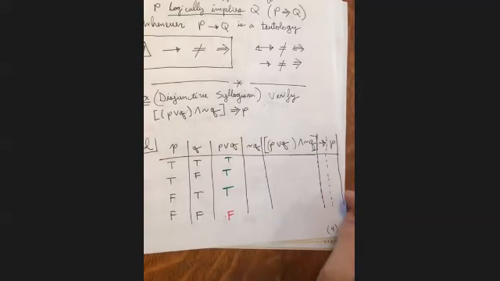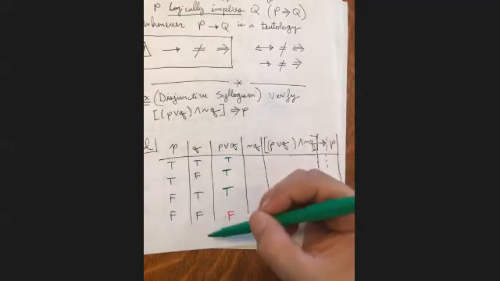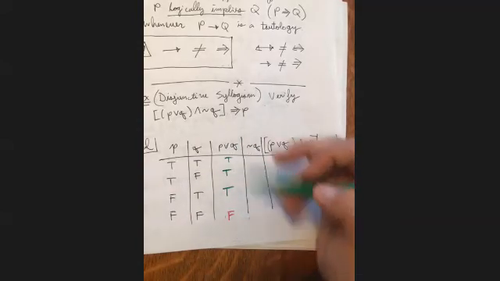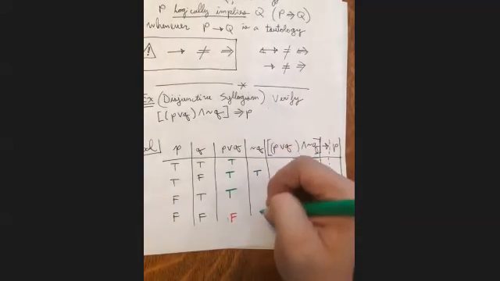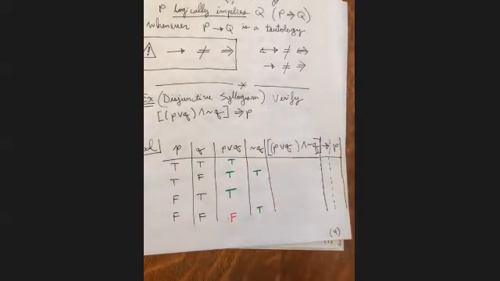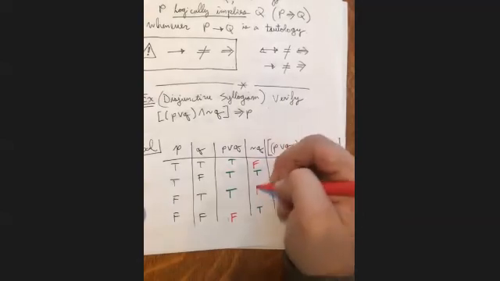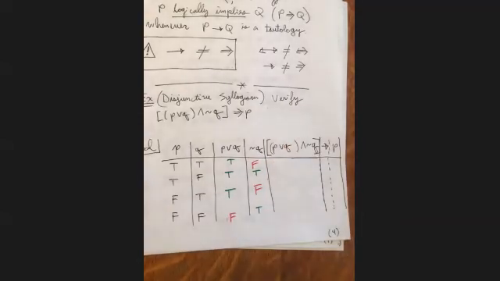All right. Not Q just has the opposite truth assignments as Q. So we would have true and true, false and false. Okay.